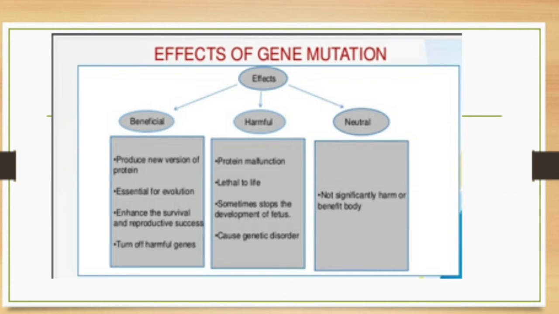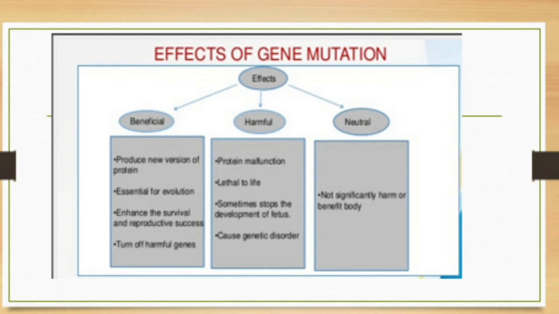So the harmful effects are protein malfunction, as we said before. A protein which has to perform a certain function will not perform it, maybe it diverts from the certain function, which disturbs our homeostasis and causes problems in our body. So we don't want that.